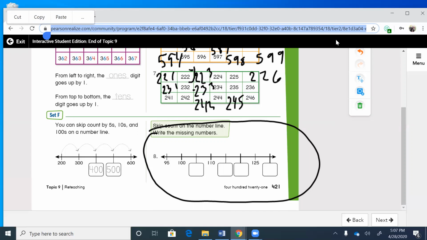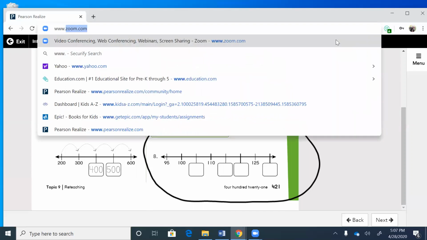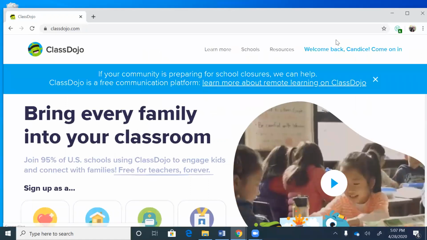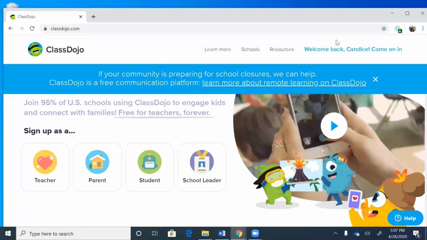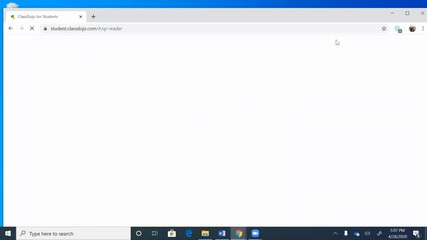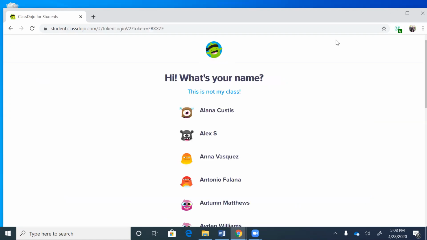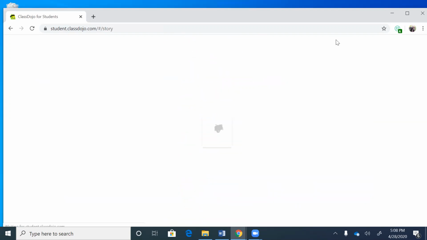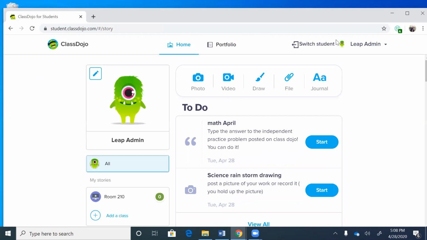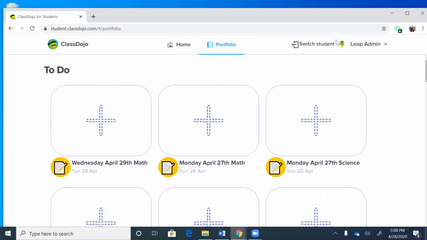All right, let's head on over to Class Dojo. Logging in as student again. Hit Portfolio, and it's right there, Wednesday, April 29th, math.